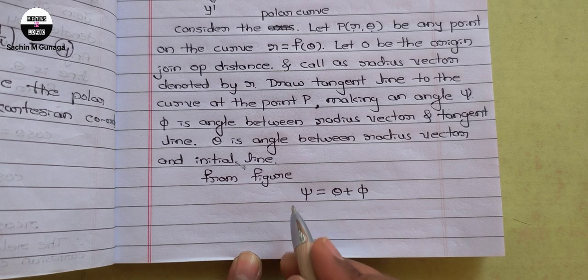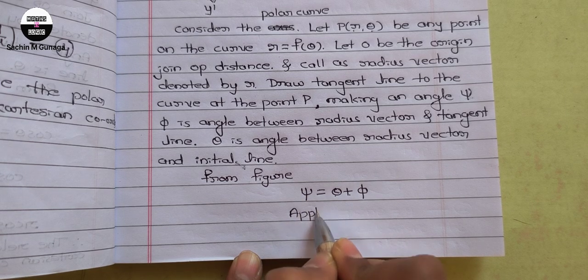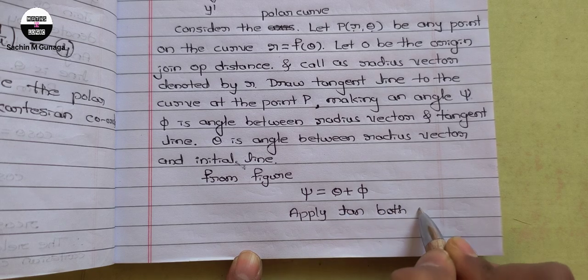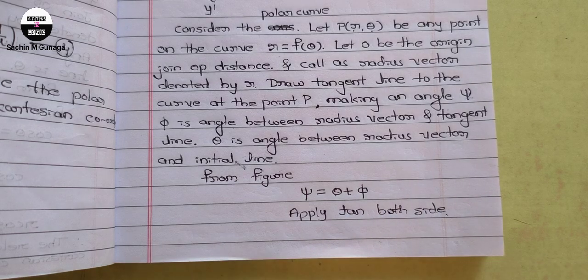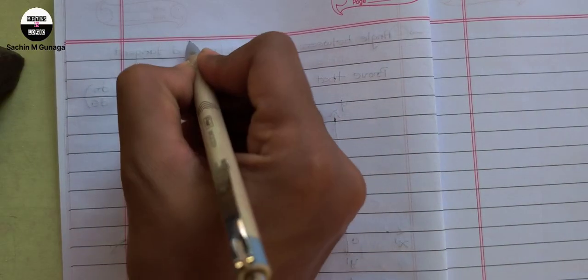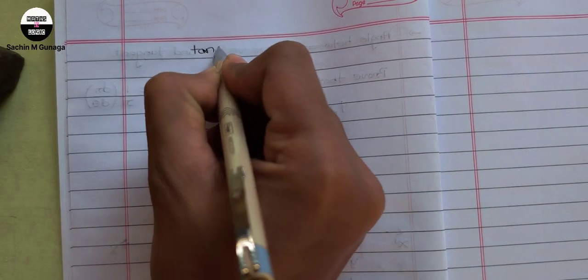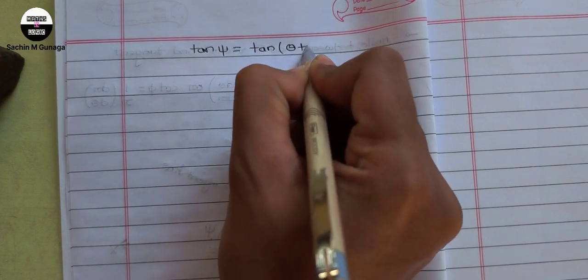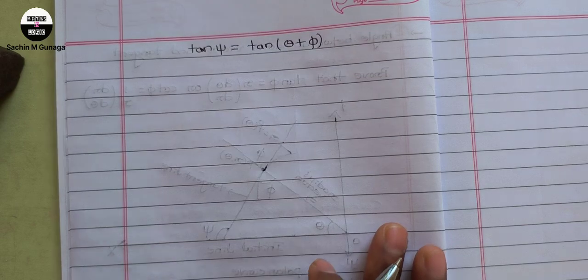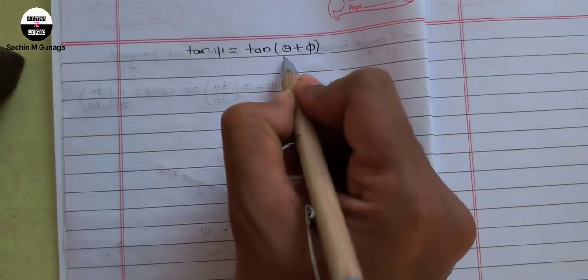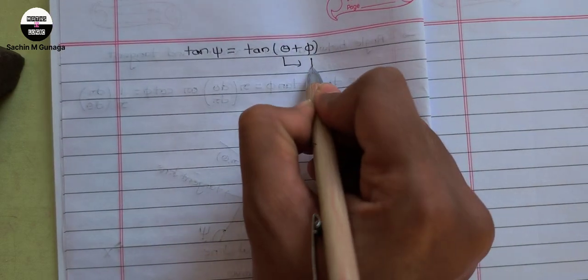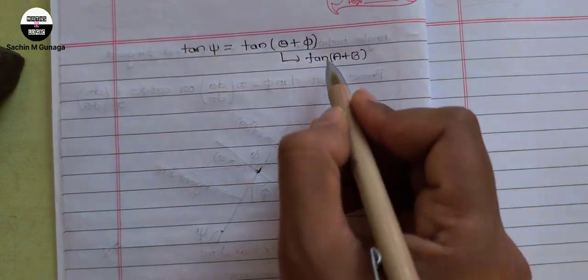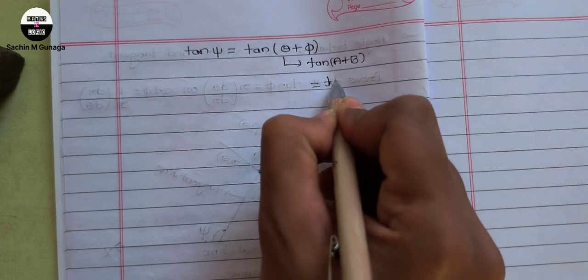After this, here we are going to apply tan on both sides. Then it becomes tan psi is equal to tan of theta plus pi. Once we apply tan on both sides, on the right-hand side this looks like tan of a plus b, so here we are going to use the trigonometric compound angle formula. What is that?